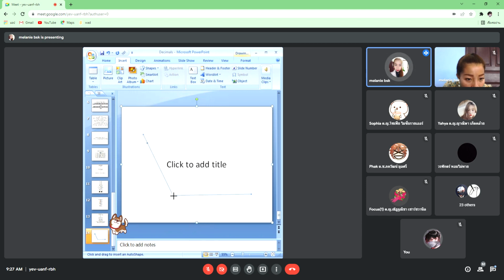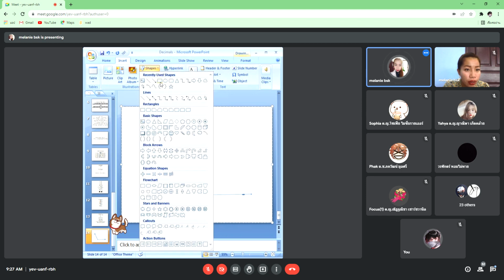So this is the vertex, so we're going to put a point in here. Can you see the point in there at the vertex? And this one, we're going to put another point in here. There you go. So if we're going to name these points, can you follow, children? Can you follow?